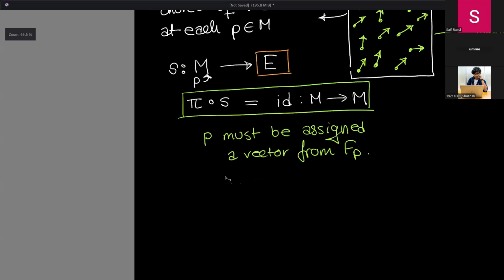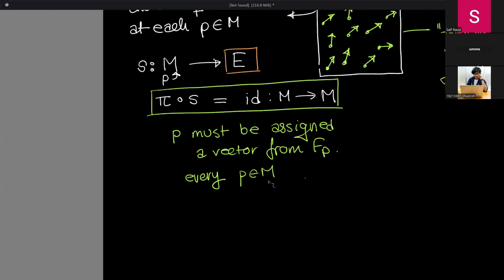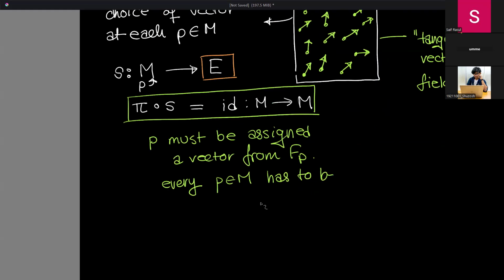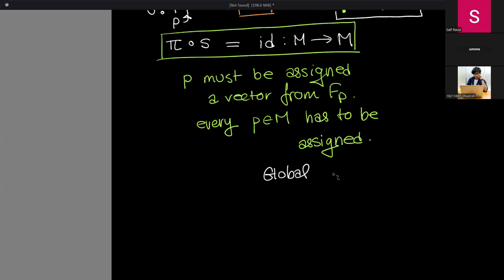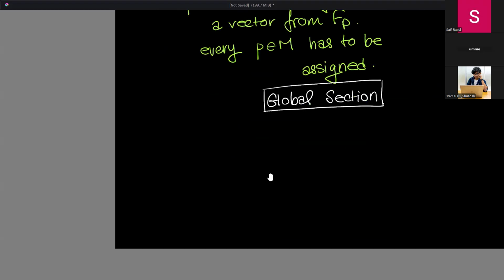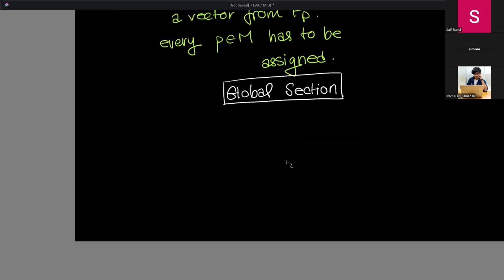But also that every P in M, every point on the manifold, has to be assigned also. So each of them has to be assigned, but they all have to be assigned. And so sometimes you will see this being called a global section. You can call it a section, you can call it a global section. This is going to contrast with what we're going to talk about a little later, which is called a local section. And you could call it a global section if you want, because it spans over the entire manifold.